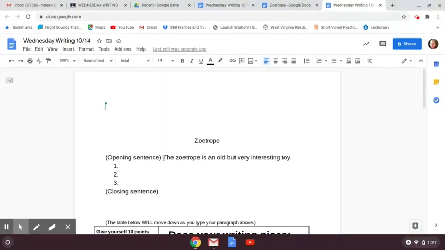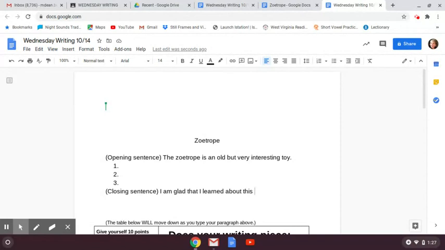So if I'm introducing the paragraph with the zoetrope is an old but very interesting toy, I want this to kind of close it along those same lines. I could say something like, I am glad that I learned about this. Let me think about it. I'm glad that I learned about this.